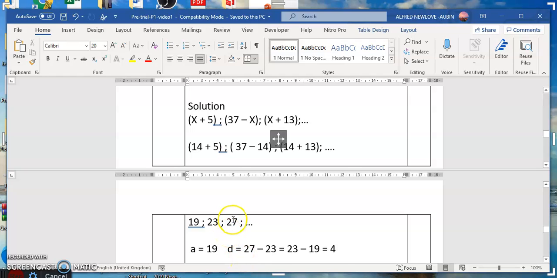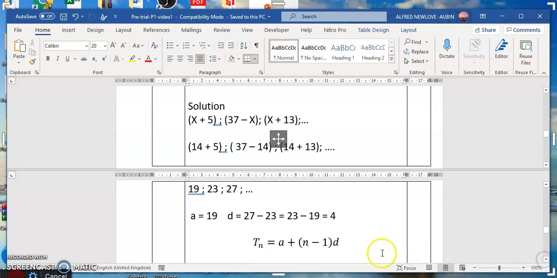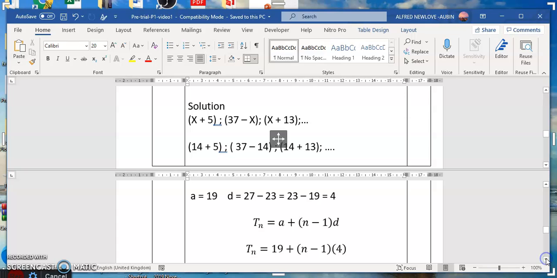Our d, how do we get d? 27 minus 23 will give us 4. Then 23 minus 19 will also give us 4. So there's a common difference of what? 4. Then the nth term is given by a plus n minus 1 d. You will have this formula in the formula sheet. So you check, look at it, write the correct thing there. Then you are going to substitute a as 19, then d as 4.